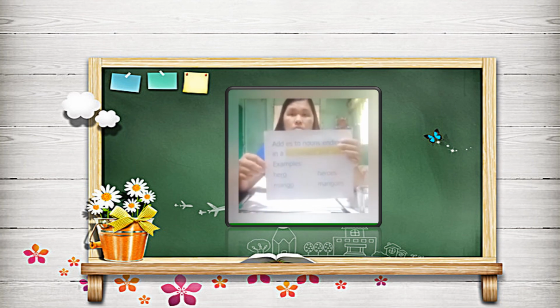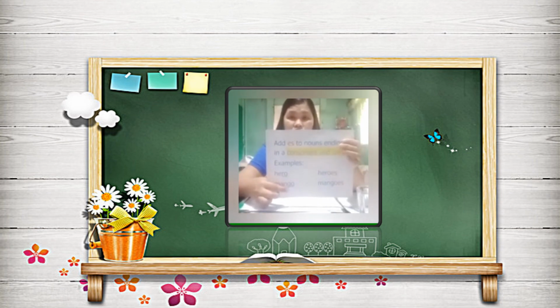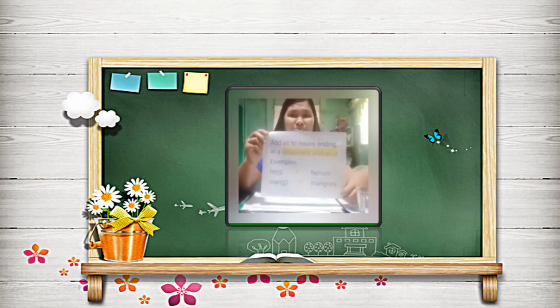So hero becomes heroes. Another example, we have here mango. Okay, the last consonant here is G followed by an O. So we need to add ES so that it will become mangoes.